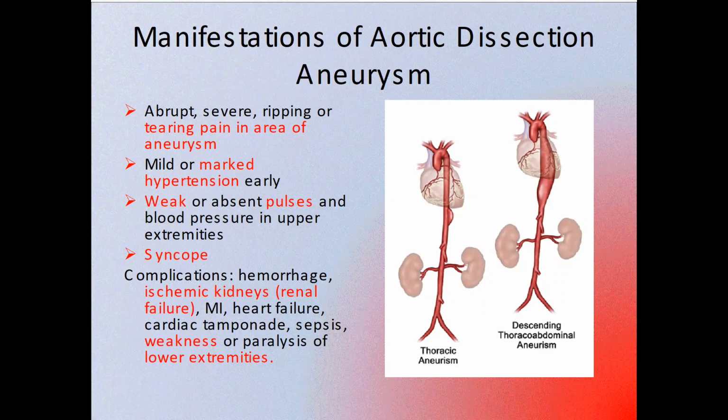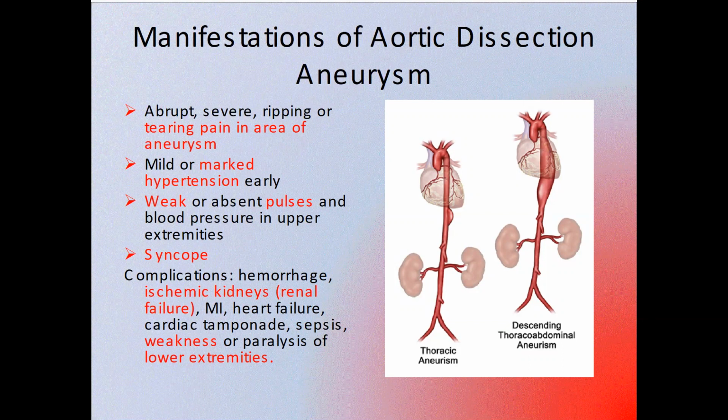It's all in your abdominal cavity, your chest, or retroperitoneally. It also causes ischemia to other organs. Your patient can have a heart attack because the blood supply is no longer there. They can be in heart failure. They can have cardiac tamponade and all kinds of other problems.